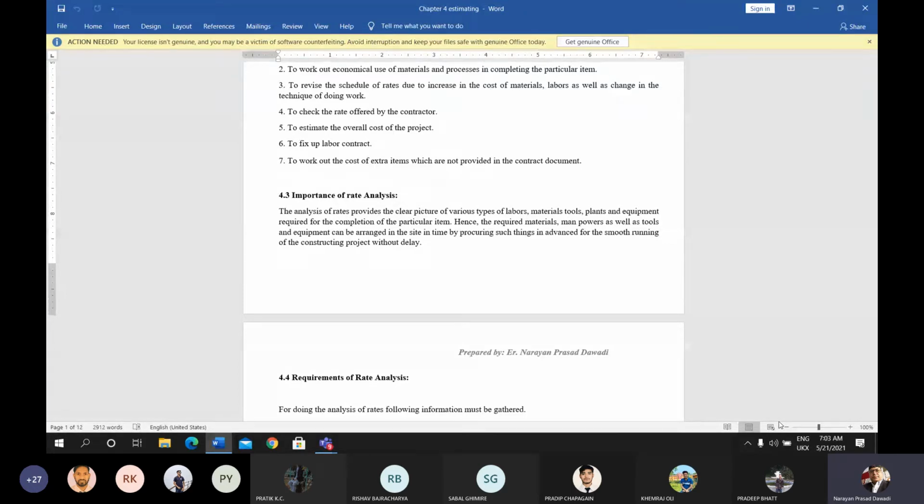Without equipment, we cannot do the work properly in time, because the use of machines ultimately increases the efficiency of the work, and efficiency helps reduce the completion period of the project. That's why they can be arranged in time. It is very important in this respect. This is the importance of rate analysis for the project.